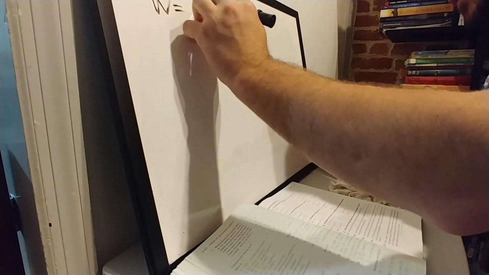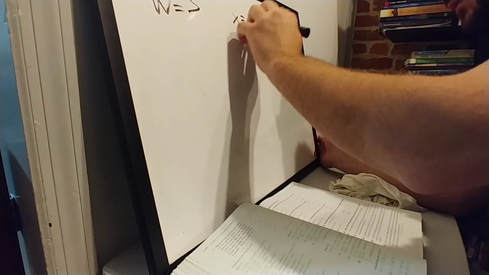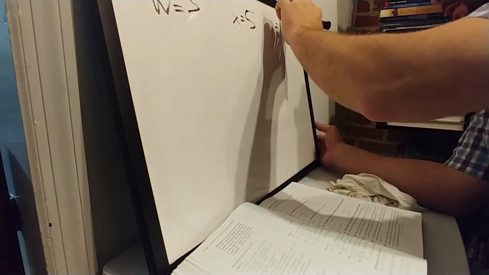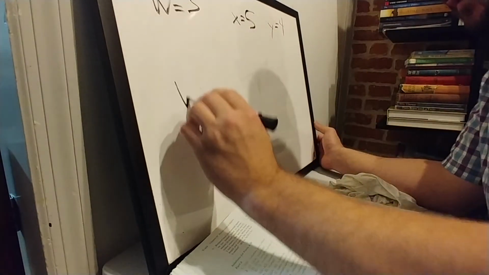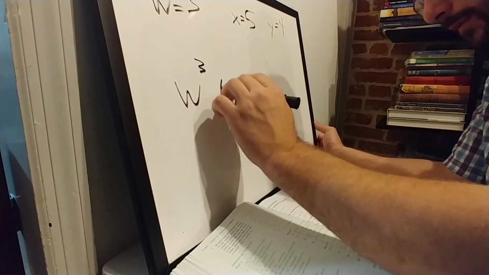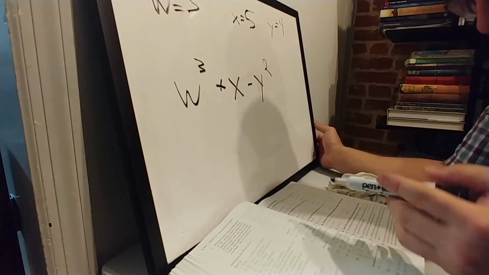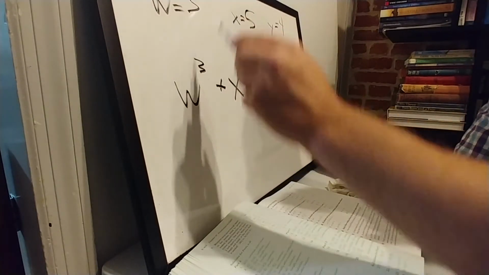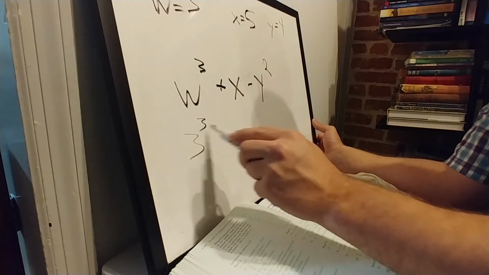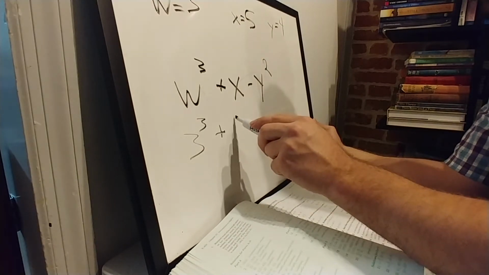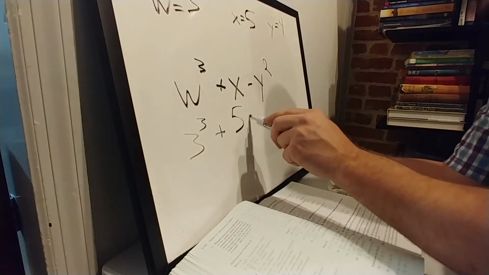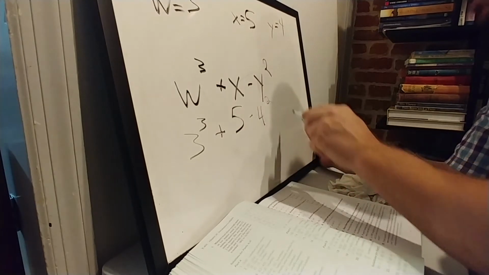Evaluate each expression if W equals 3, X equals 5, and Y equals 4. So we have W cubed plus X minus Y squared. So you substitute, and W is 3, so we have 3 cubed plus 5 minus 4 squared.